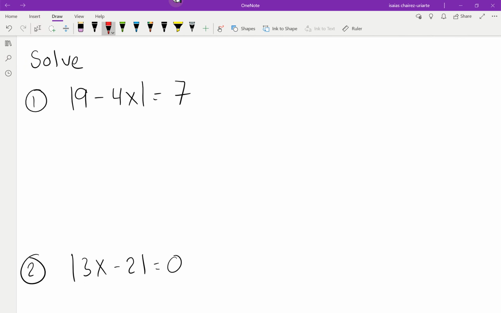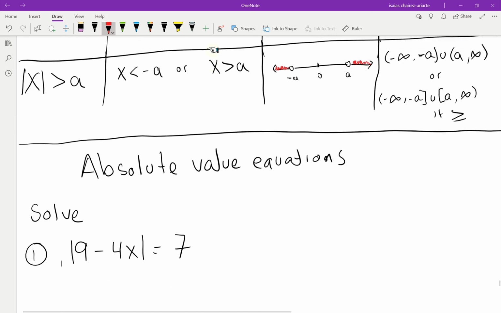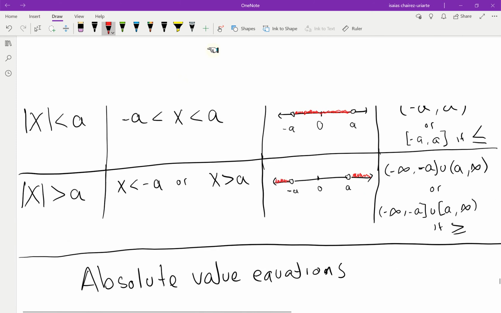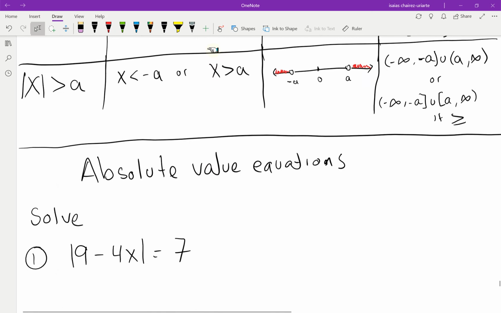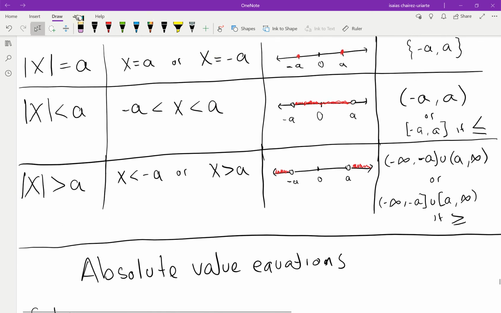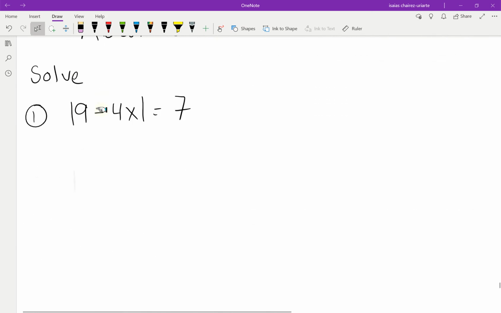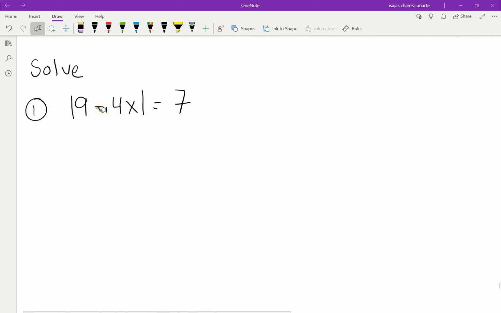Okay, so let me get going with the solutions here. If I have the absolute value of something equals 7, according to my guidelines up here, I can break this up into two equations. With the absolute value of x equals something, it's x equals the thing, or x equals negative the thing. So this is going to split up into 2 little equations.